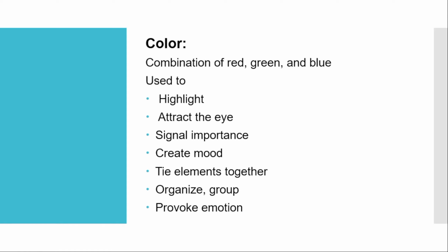Color as an element of graphic design is a combination of red, green, and blue. Yes, this is the traditional definition of color. Any other color comprises these three. Color is used to highlight, attract the eye, signal importance, create mood, tie elements together, organize, group, and provoke emotion. Most importantly, it creates mood.